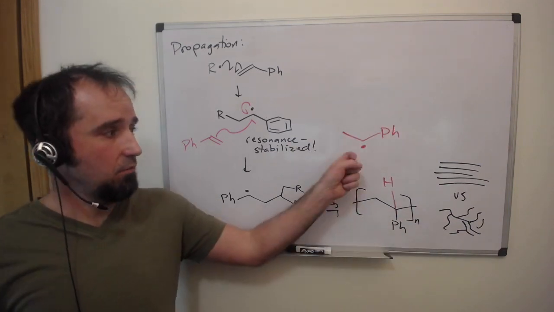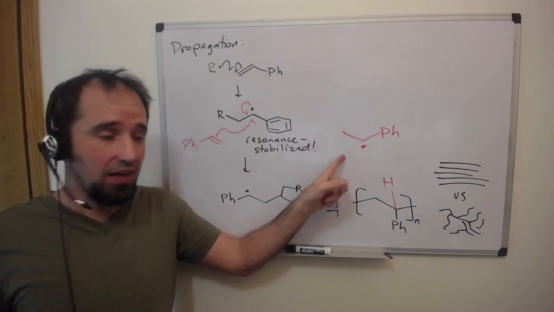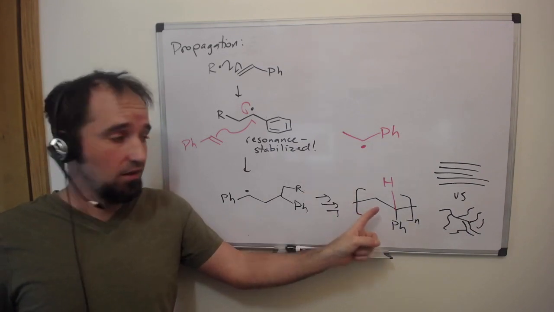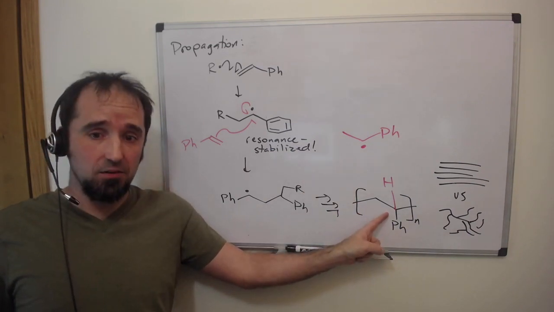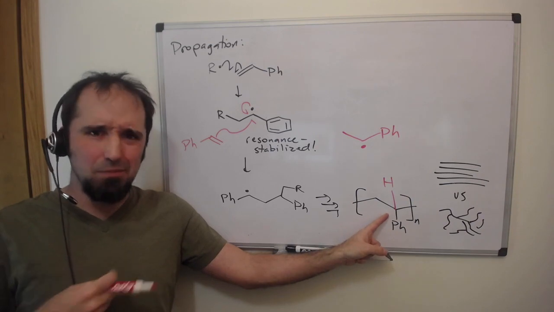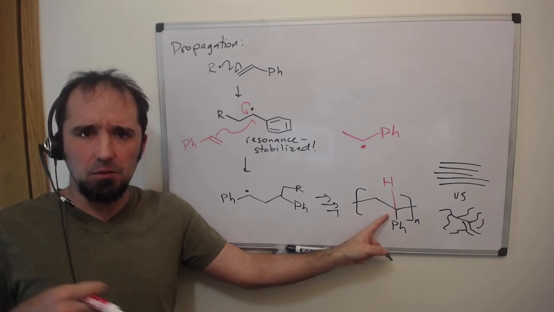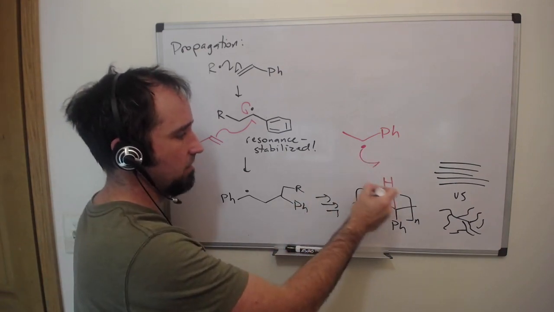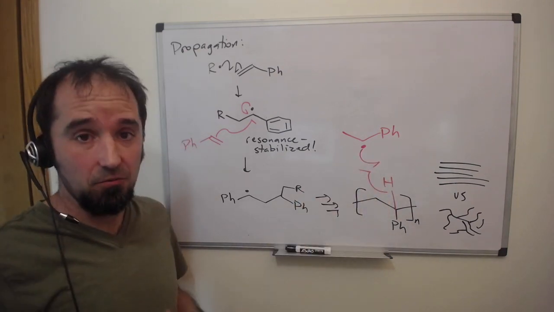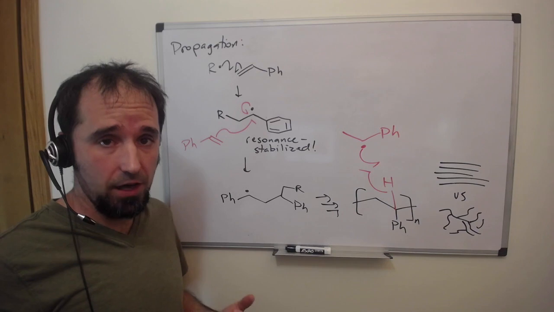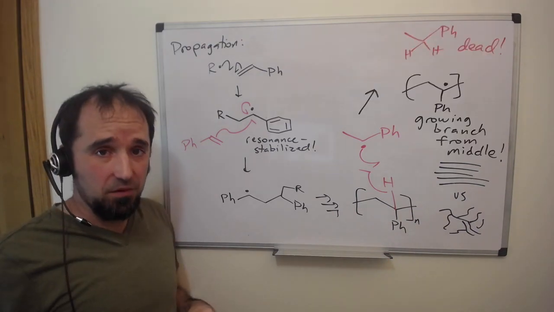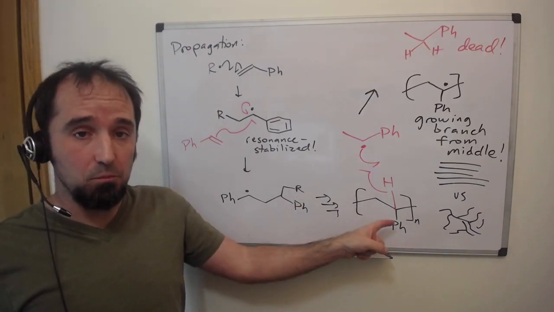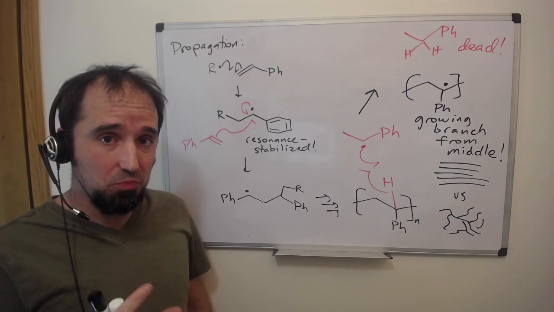Imagine I've got some chain that's growing, and then I've got some chain right next to it. That hydrogen right next to the phenyl in, let's say, the middle of some 100 monomer chain, I could take that H pretty easily and get myself a very stable tertiary radical. If I have that hydrogen abstraction in the middle of a chain, I've got two bad outcomes.